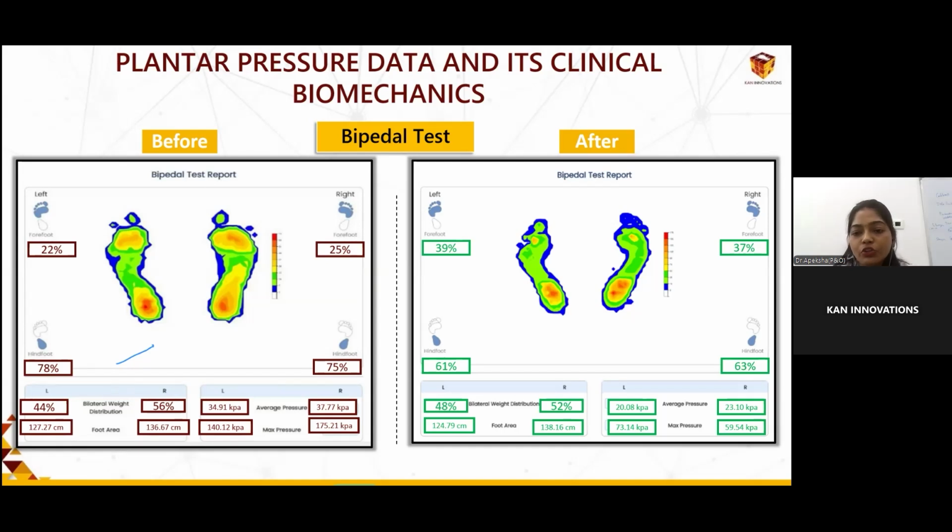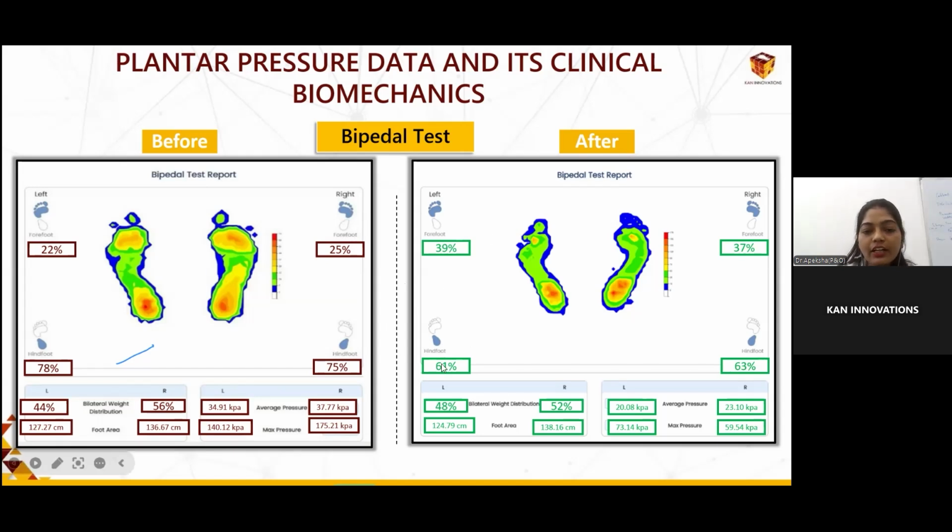Now for the maximum pressure, we can see the values are under 100. The right side value of maximum pressure after the intervention is 59.54 kilopascal and on the left side is 73.14 kilopascal. Now the weight distribution of the forefoot and hind foot.